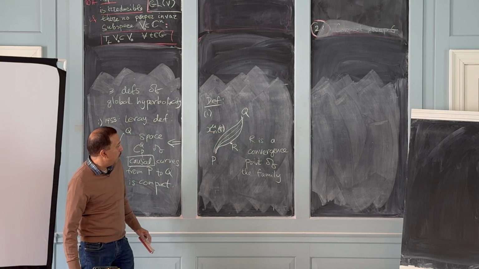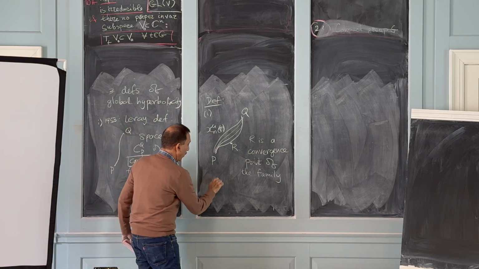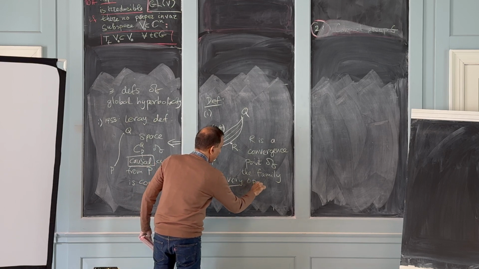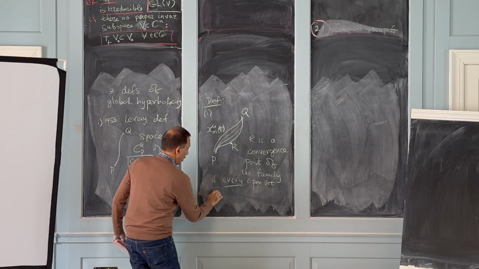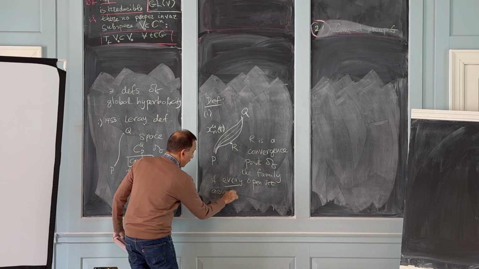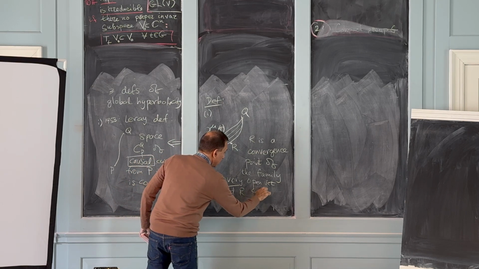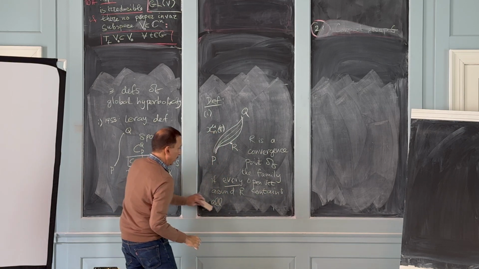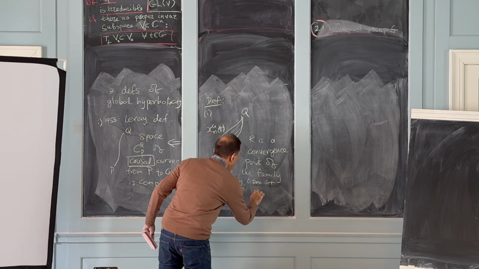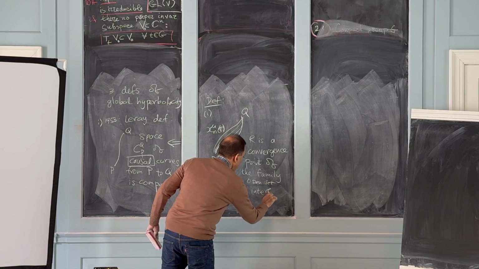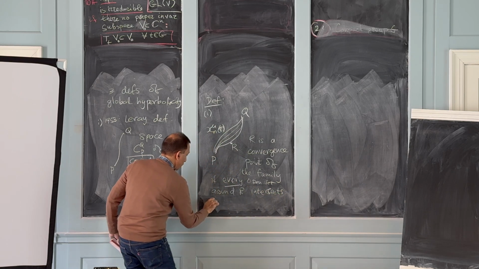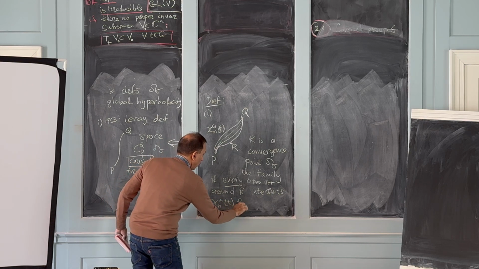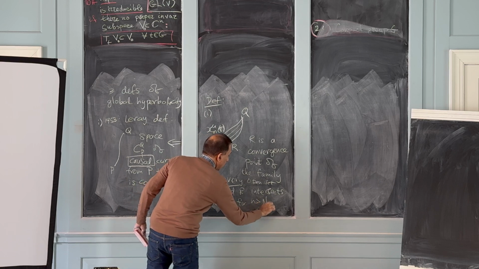It's a convergence point of the family if every open set around R intersects x n mu of tau for n greater than some N.